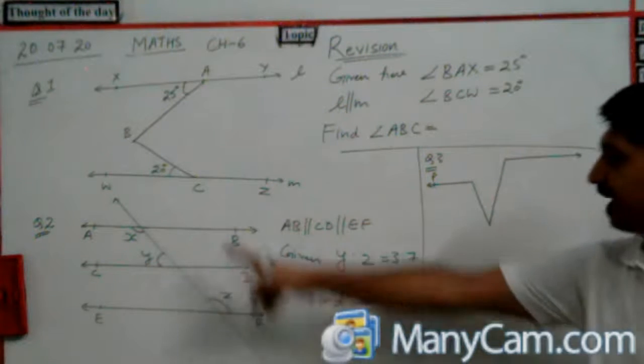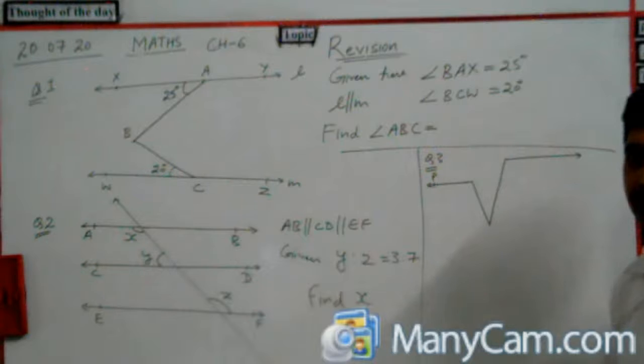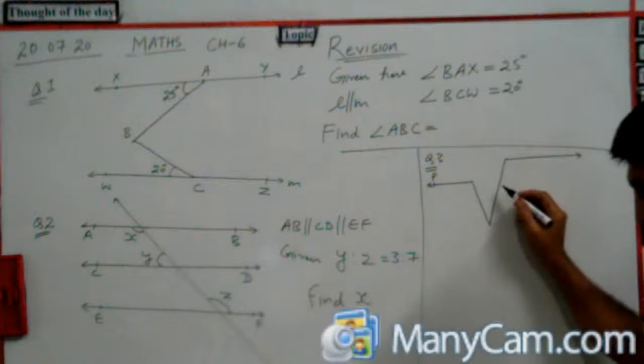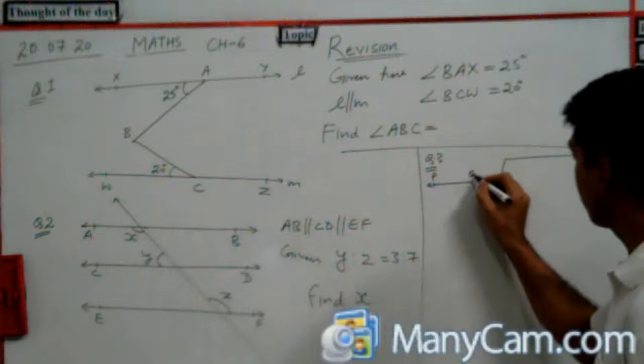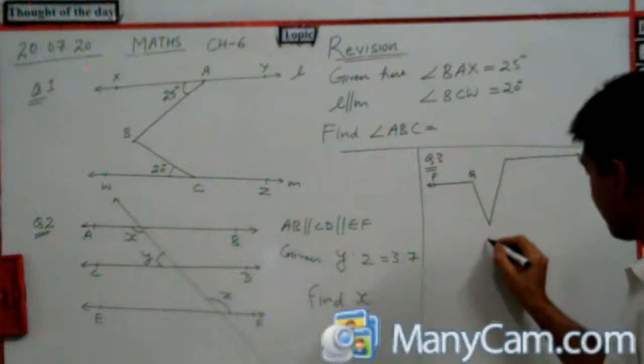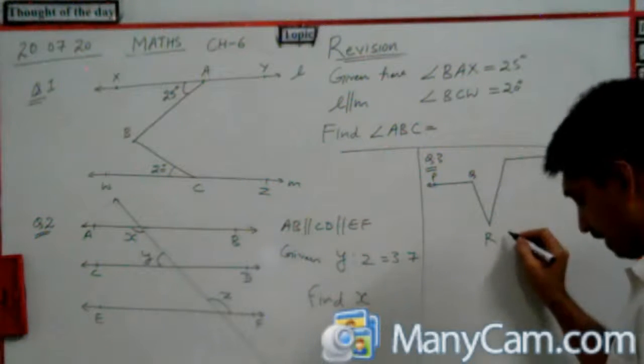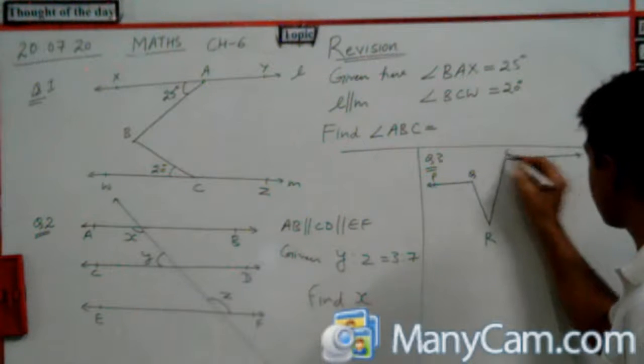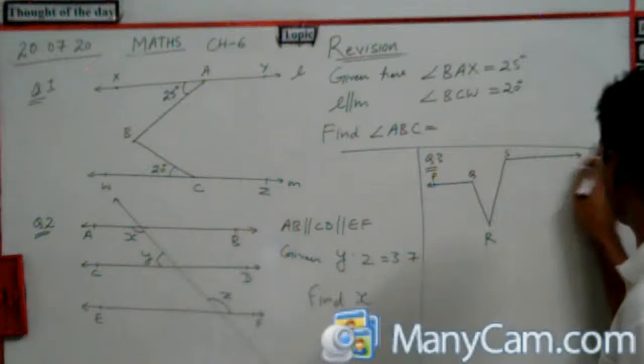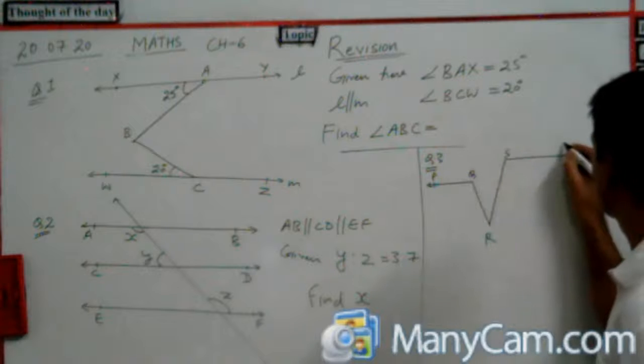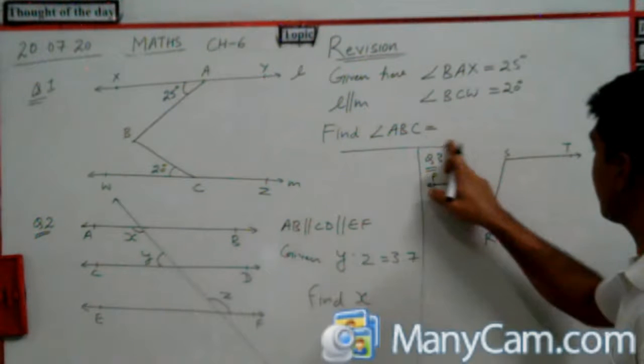Find the value of x. Here we have a point P. This point is Q here. This point is R, this point is S, and this point is T here.